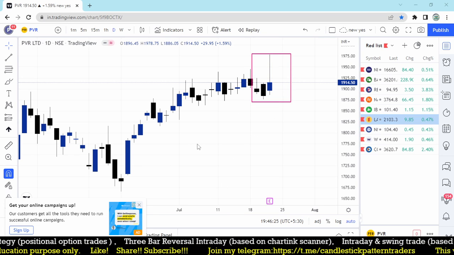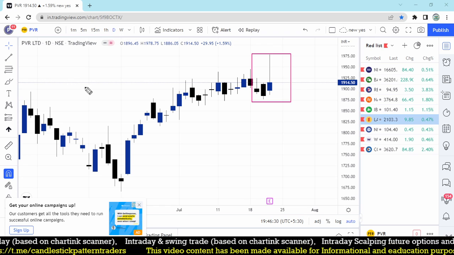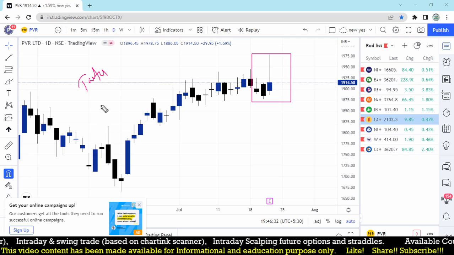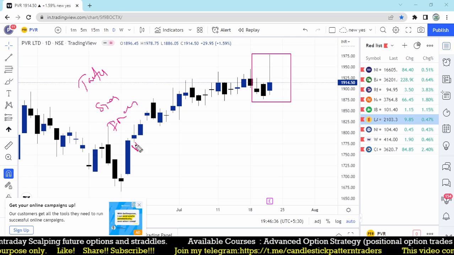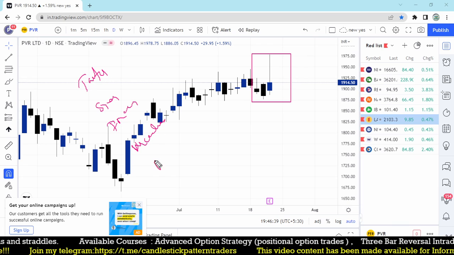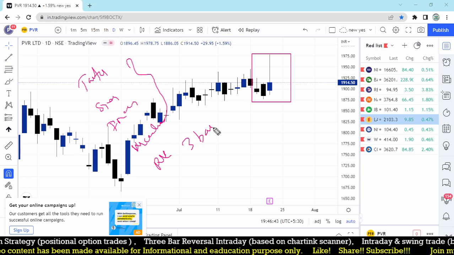That is almost all 5 stocks I found today: Tata Communications, Siemens, Indigo, UBL (McDowell), and PVR. All 5 stocks form a 3-bar reversal.